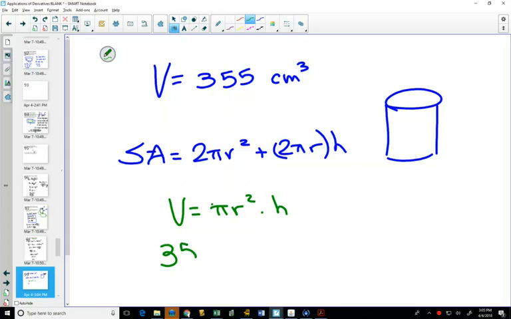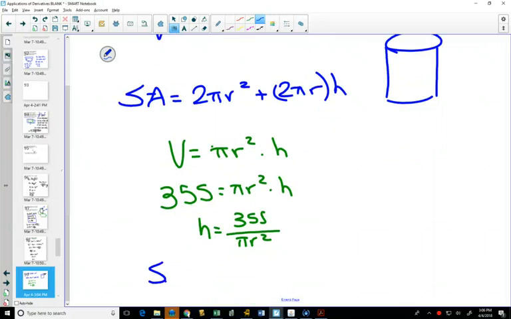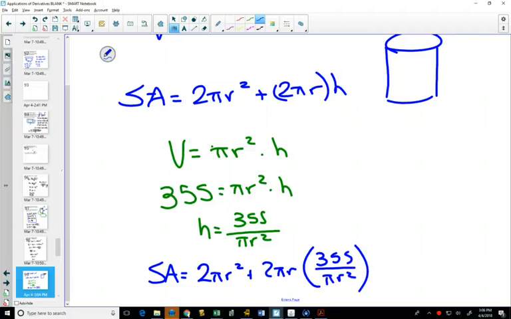In this case, our volume is 355, and so our height is 355 over pi r squared. Going back to our surface area, and this is where, in real life, the numbers don't always work out nicely: 2 pi r squared plus 2 pi r times 355 over pi r squared.